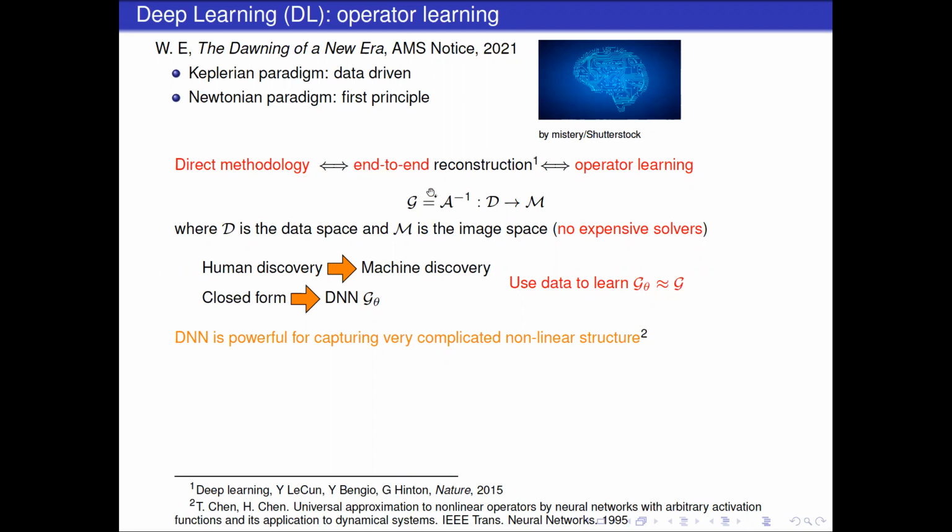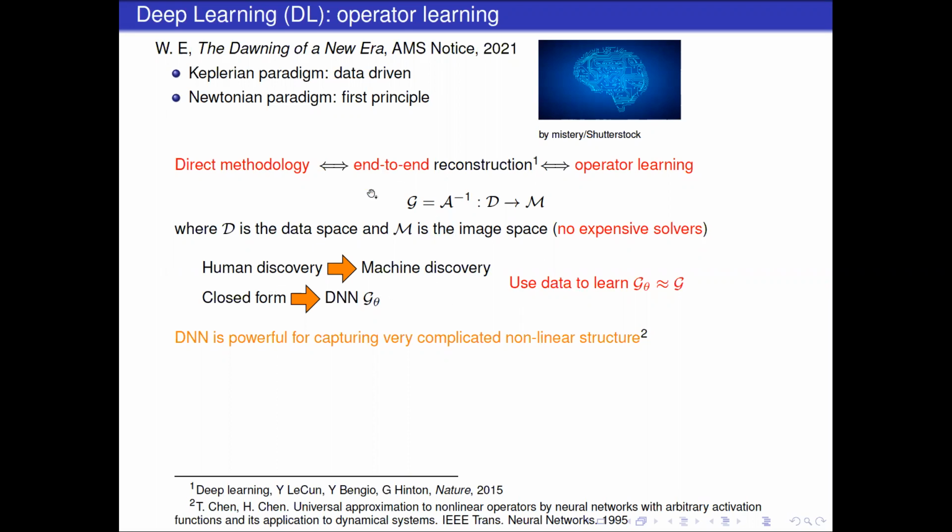End-to-end reconstruction is a very interesting concept, because the idea is still looking for the direct approximation to the operator that can map the data to the reconstructed imaging. So you see, the idea is really close to the direct methodology of the inverse problem. But the difference is that for traditional direct methodology, we in general use the traditional mathematical approach to derive the approximation to the inverse operator.